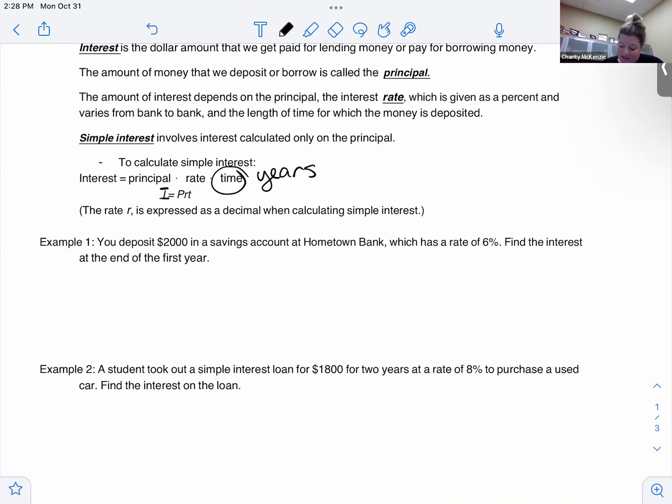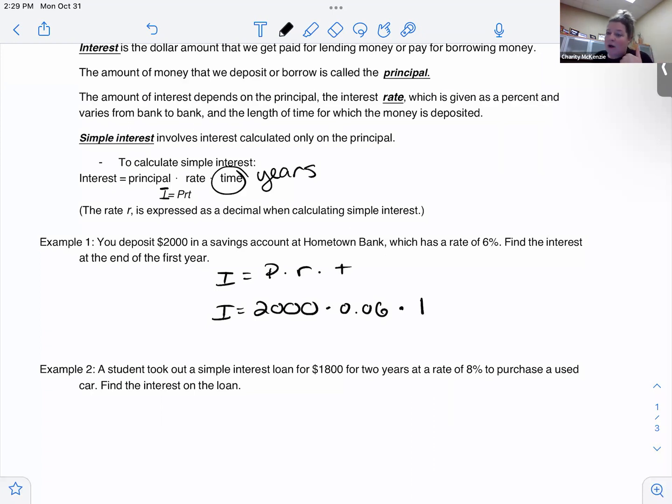So we deposited 2,000, so we know our interest is equal to P times R times T. And so our interest will equal our 2,000, which is our starting amount. And what's our interest rate? 6%. Move your decimal 2 places so that you get 0.06, times our time. How many years? 1 year.